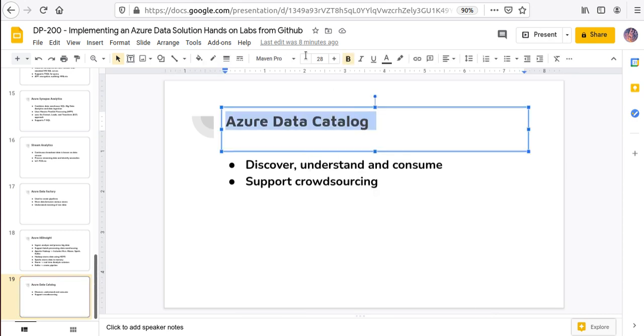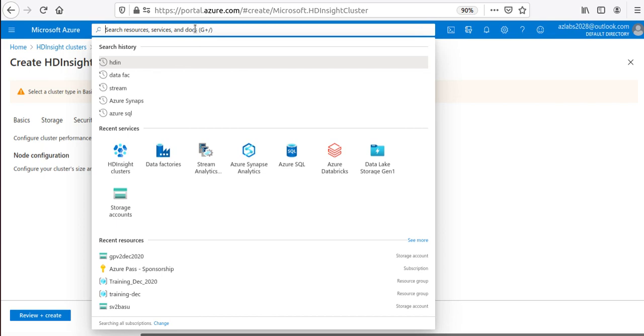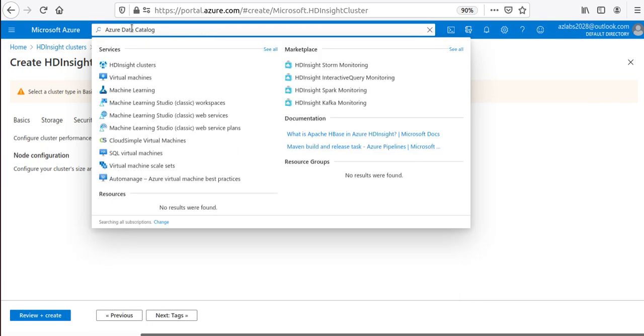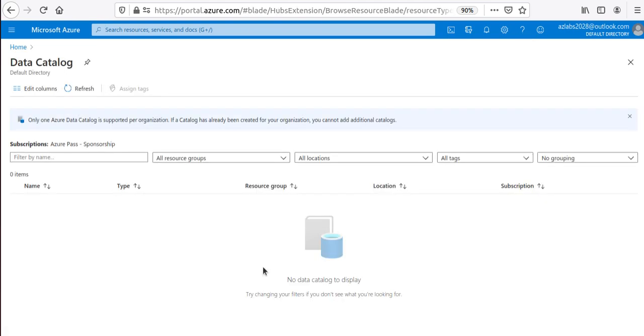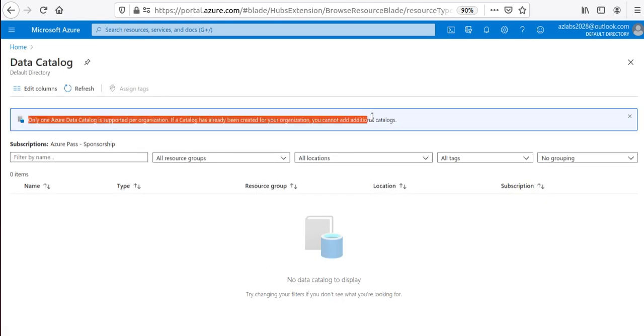Okay, let's look at this one if we can find it. So Azure Data Catalog is right here. So you click on it. Again, for my subscription, I can't do much. Only one data catalog is supported per organization. So if you have your organization, you can have only one.